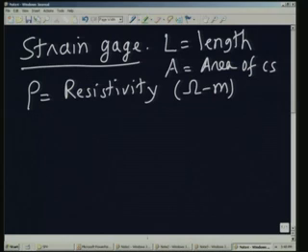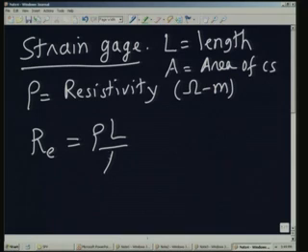So, I can write for the resistance R, if I want to indicate that it is electrical resistance, because R was also used for the radius of the cylinder, I will just call it electrical resistance Re, given by rho into L by A. This is a familiar expression which we know from our elementary electricity.